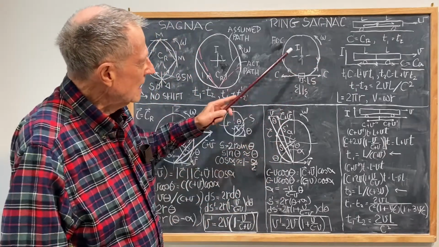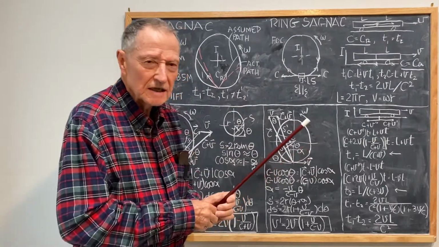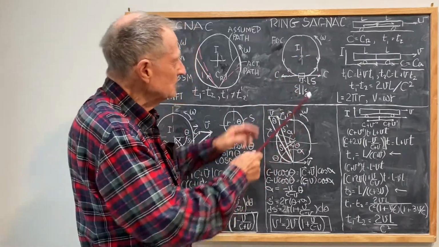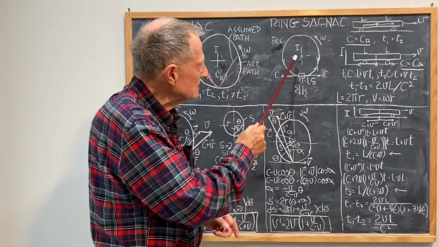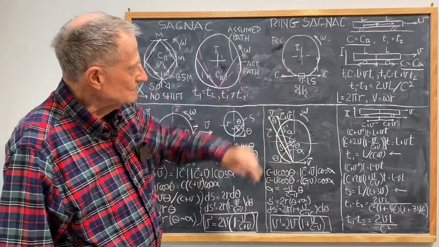I represents an inertial reference frame, presumably for example the surface of the Earth, and omega is the rotation of the ring, of the entire setup, with respect to the Earth or an inertial frame.